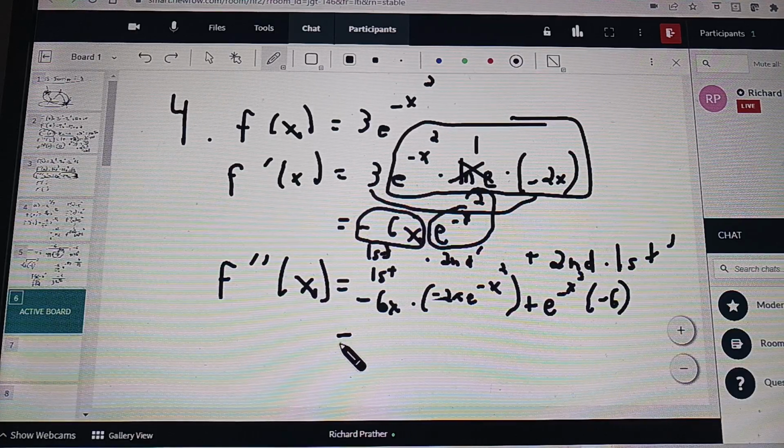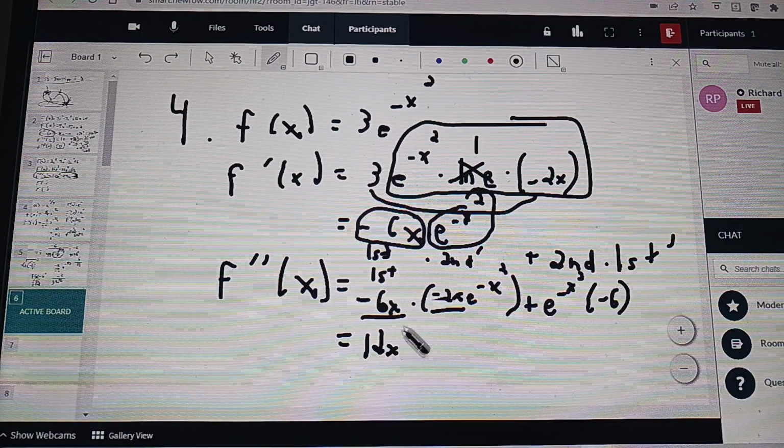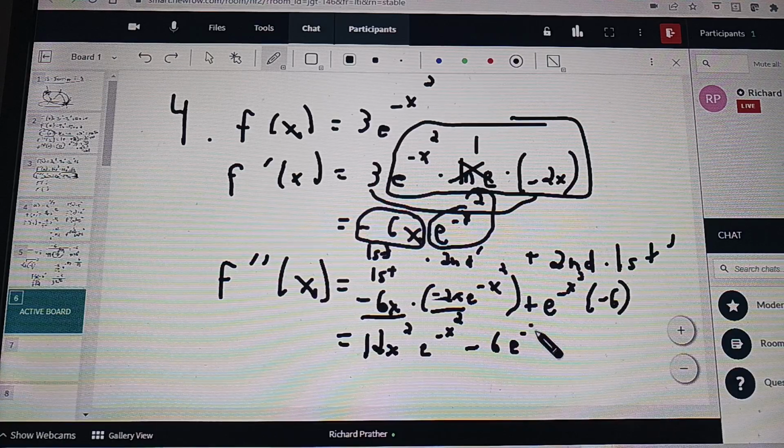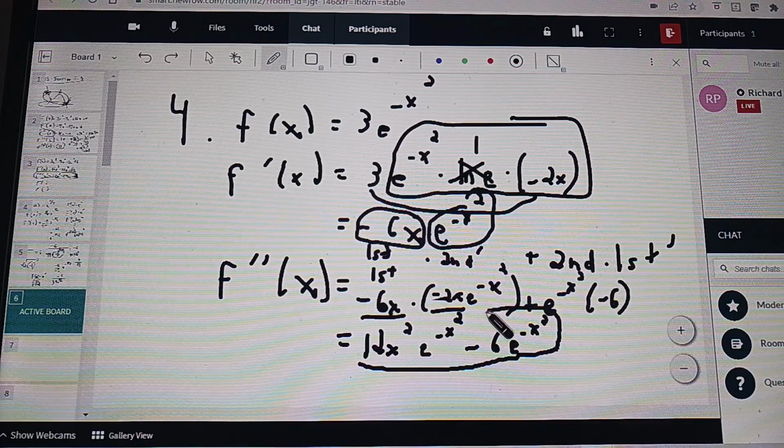I will go ahead and do it though, because later we're going to need to, but you could definitely multiply the negative 6x and the negative 2x and get positive 12x squared. And then I could make this negative 6 e to the negative x squared. This is probably fine for the answer just like this.